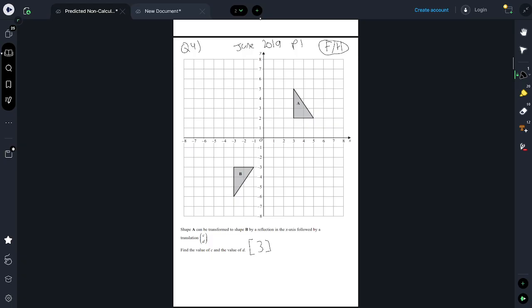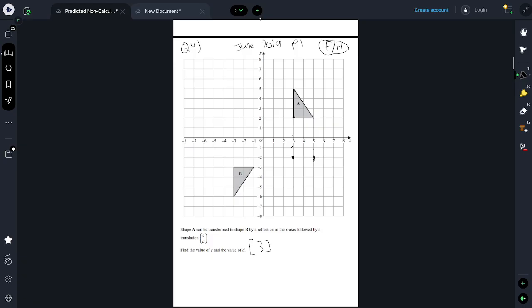This is the x-axis. Okay, so let's reflect every vertex. So the idea is to map every vertex. Try this one: 1, 2, so then reflect it 1, 2. What about here? Again, 1, 2, 1, 2.